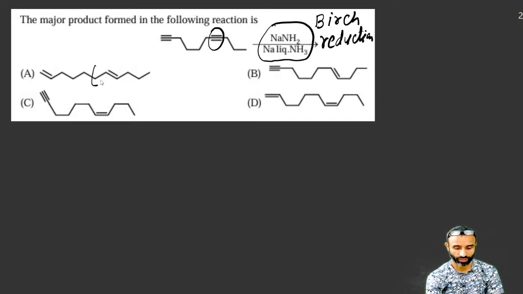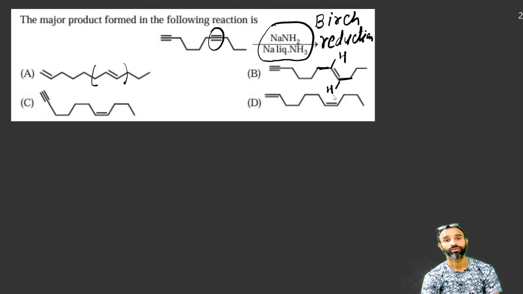In the first case, there is a trans alkene. In the second case, if you see, it is like this. It is a trans alkene. So in case of A and B, in both cases we get trans alkene.